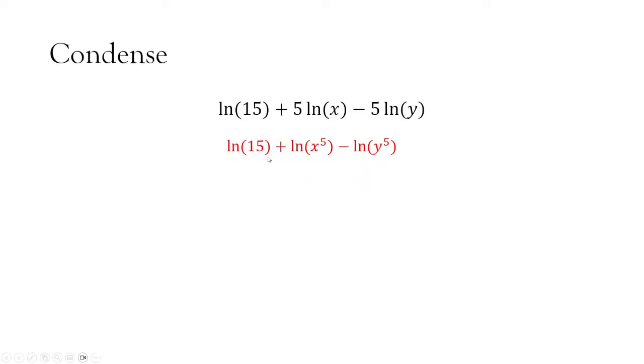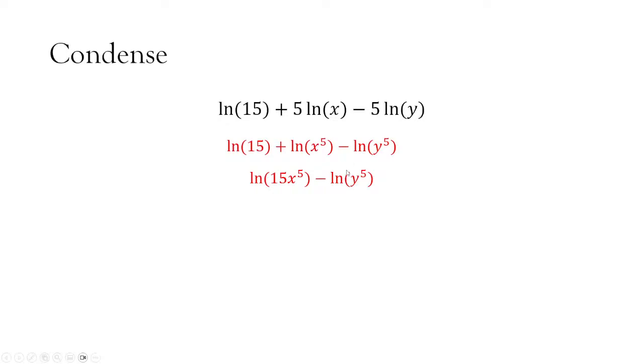Now let's focus on these first two. If I have separate sums, I can combine them by multiplying. In other words, for this first half, I can write this as natural log of 15 times x to the 5th. And I haven't touched this right side yet. So this is my product sum law. Next, now I have natural log minus natural log.